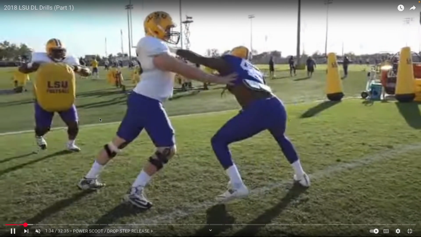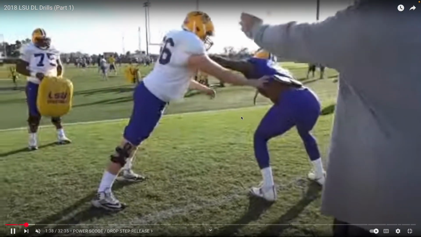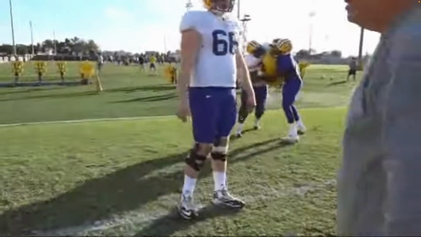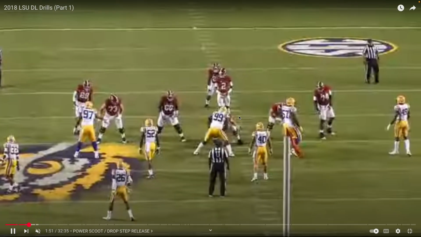Now as you squeeze down, you can shed and go make a tackle. That's exactly what we're looking for right here.